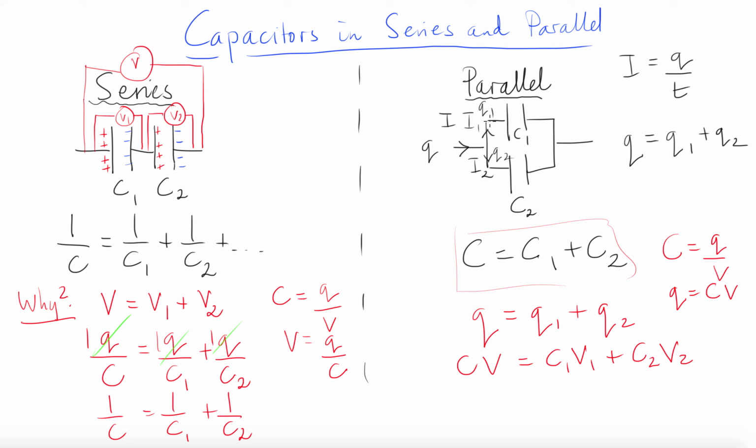But if I was to measure the potential across both capacitors, because they're connected in parallel, they have the same potential. So V1 would be the same as V, as would V2. Therefore, I can cancel V's on each term, which gives me C equals C1 plus C2 when connected in parallel.